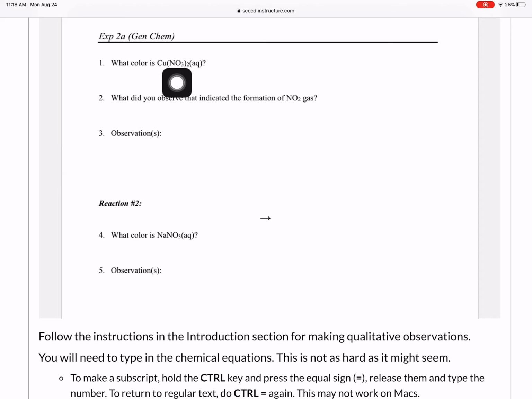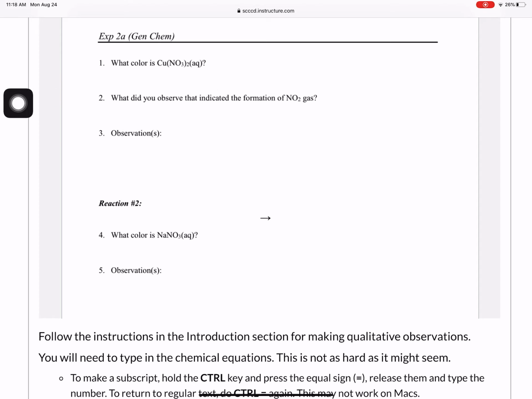Now, read these questions carefully. They're a little challenging at this point in the semester because we haven't studied chemical equations yet, but you've all taken chemistry before, and I think you can figure this out. So what color is Cu(NO3)2 aqueous? So that means it's the solution that we're talking about.